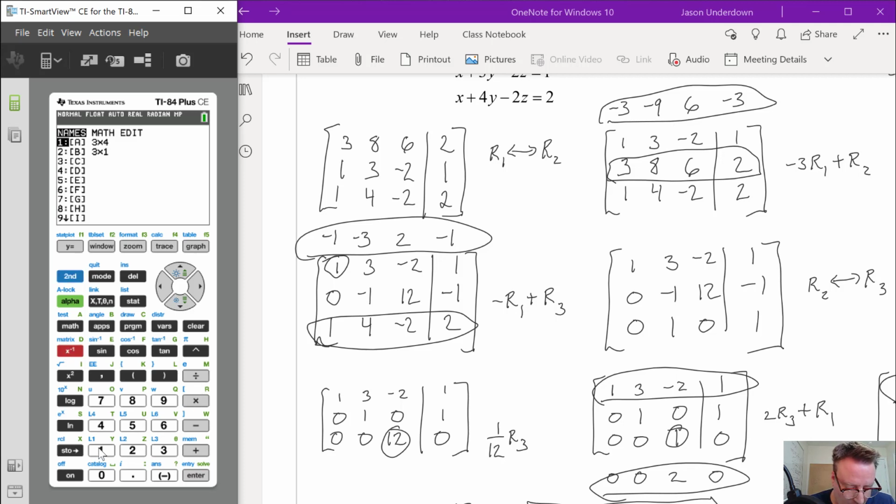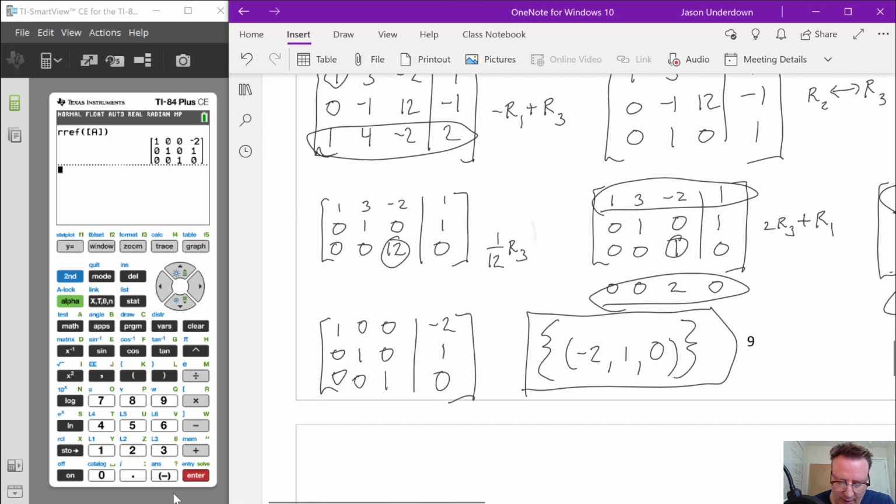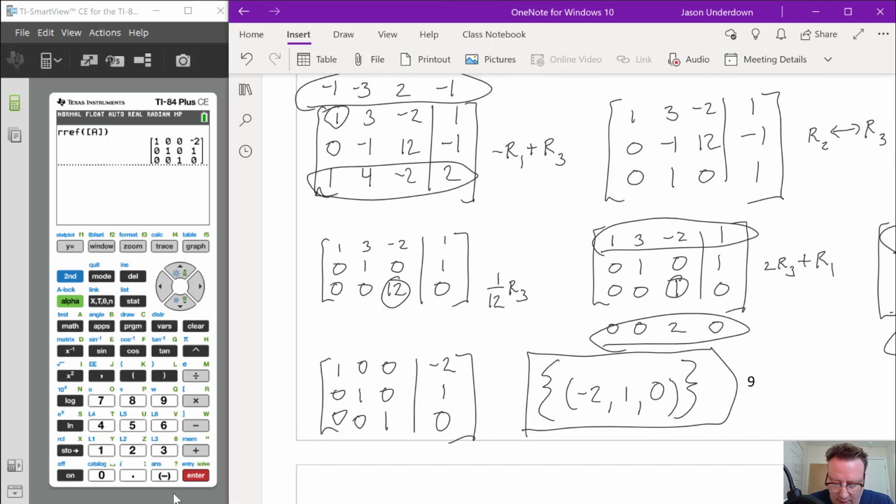So I want matrix A, which is under 1, and then I close those parentheses off and I hit enter, and there we go. You see that that does agree with the reduced row echelon form that we computed by hand. So you can check your work with your calculator, and I recommend that you do that.